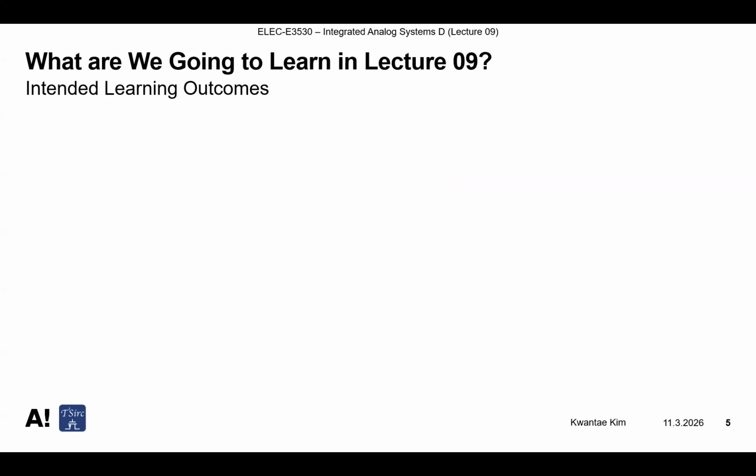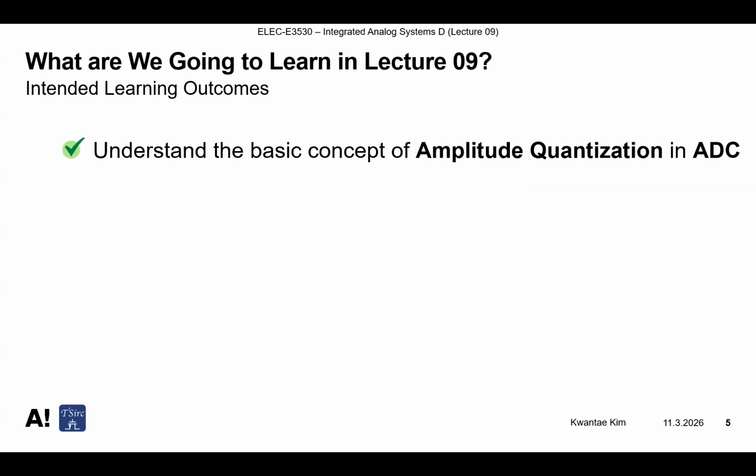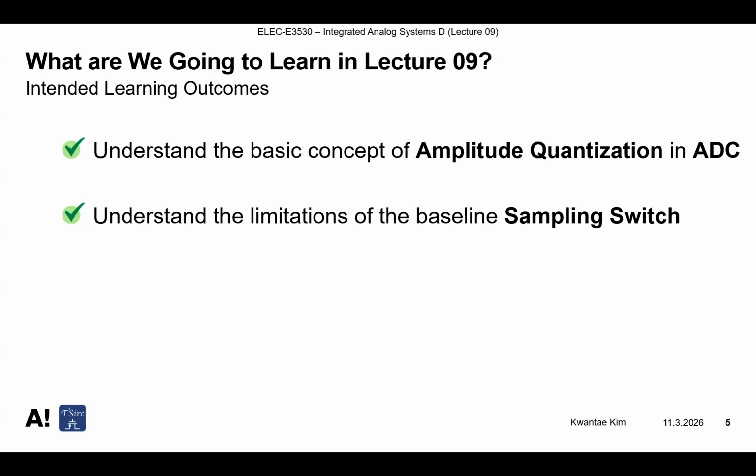So what are we going to run in lecture 9 today? Today we will understand the basic concept of amplitude quantization in analog to digital converter, in short, ADC, and understand the limitations of the baseline sampling switch. You probably have completed CAD exercise 5 about the baseline sampling switch, very basic, NMOS and capacitor.